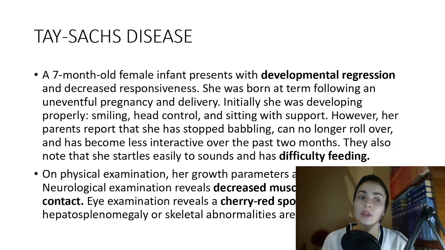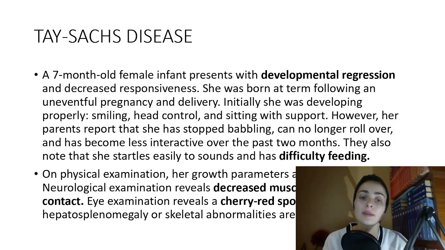Initially, she was developing properly, smiling, had head control, and sitting with support. However, her parents report that she has stopped babbling, can no longer roll over, has become less interactive over the past 2 months. They also note that she startles easily to sounds and has difficulty feeding.